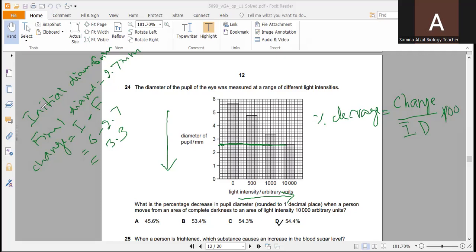So in this way, change is 3.3 and initial is 6, times 100. So after calculation, 3.3 divided by 6 is equal to, and it is about 55%.